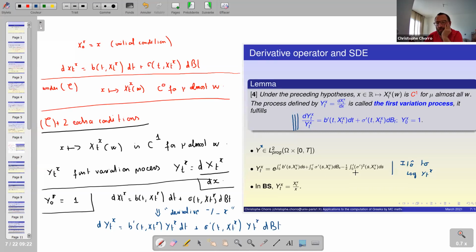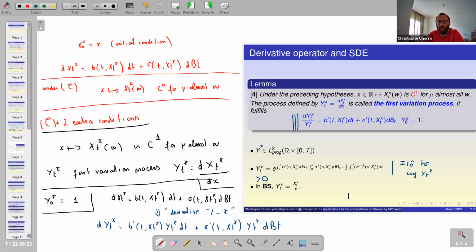Or conversely, you can also check that if I write y_t this way, if you apply the Ito formula to the exponential of this process, you recover exactly this stochastic differential equation. So in particular, I have that the first variation process is always strictly positive.